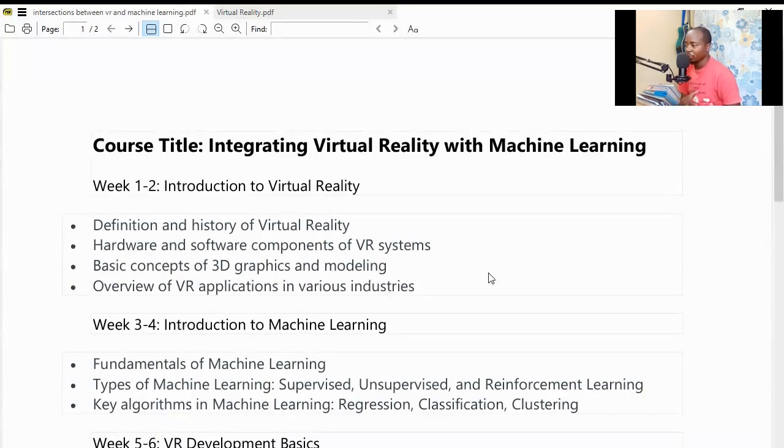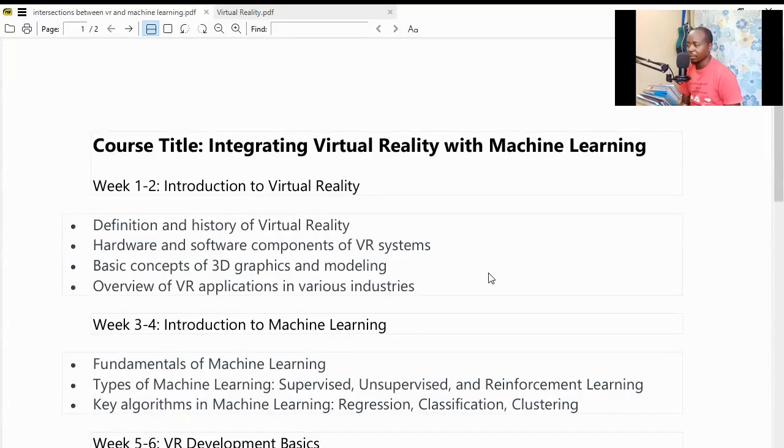So we are going to look at integrating virtual reality with machine learning as the main topic. Then we have some titles that we are going to look at weekly. So we have a lot that we are going to look at. We are going to start by looking at the introduction to virtual reality.